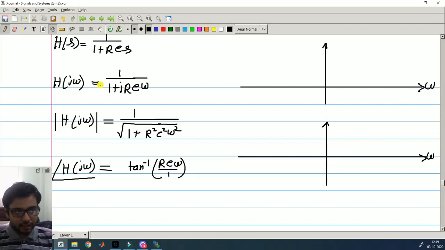This is the angle of the denominator, so the angle of H j omega will be minus of this.